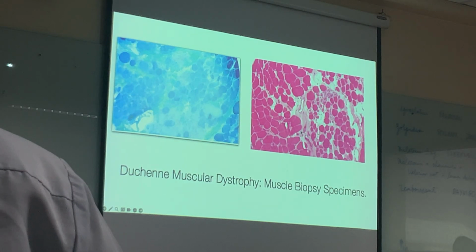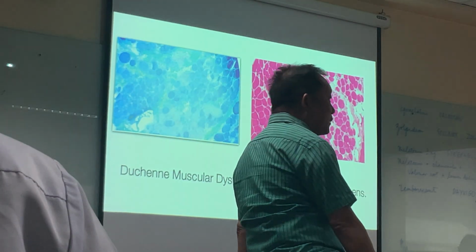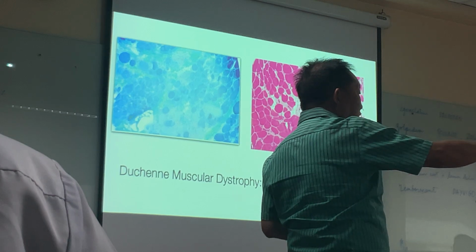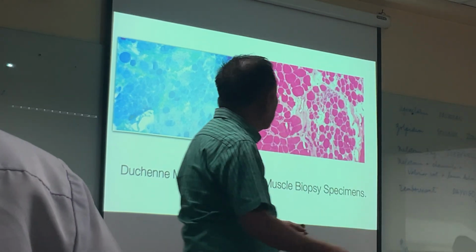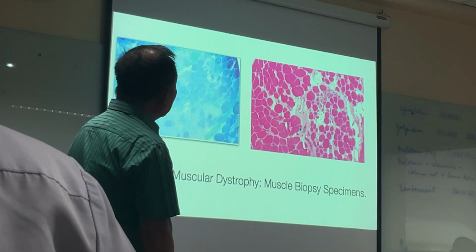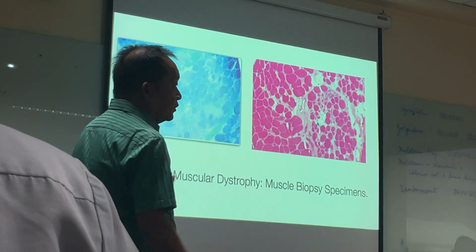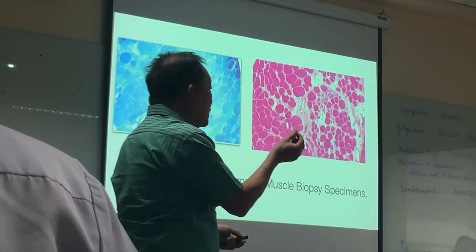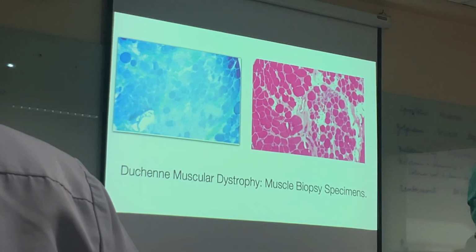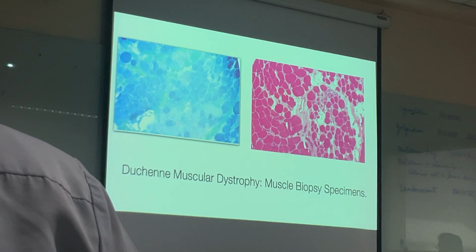H&E staining is easy to do. You call a surgeon, remove a muscle from the cup, and send it to the lab. However, if you want the pathologist to have a better anatomy, by the time the specimen goes into the formalin, the muscle would have contracted.